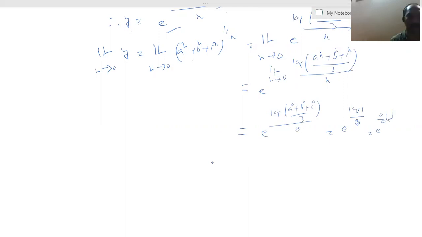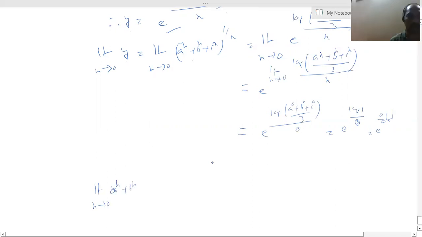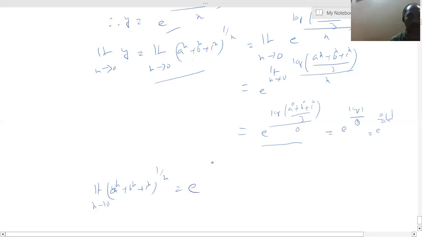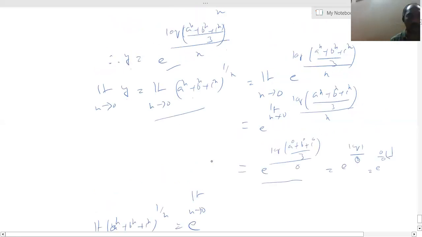So take L'Hospital rule. Therefore, limit x tends to 0 of y, which is (a power x plus b power x plus c power x by 3) whole power 1 by x, equals L'Hospital rule of this expression, limit x tends to 0 of e power. If you have any confusion, take L'Hospital rule on the exponent. By applying the L'Hospital rule, the derivative of the denominator x is 1. What about the derivative of the numerator expression?